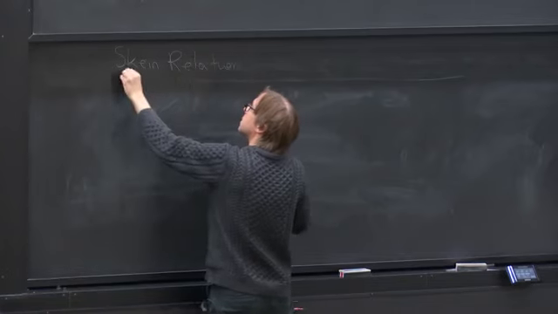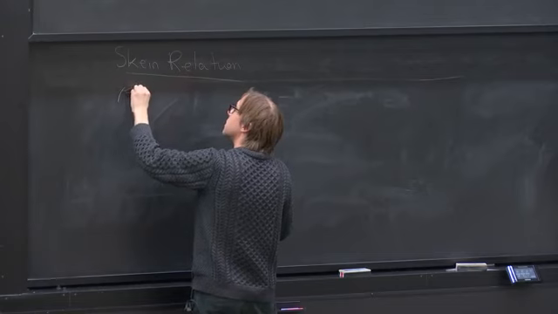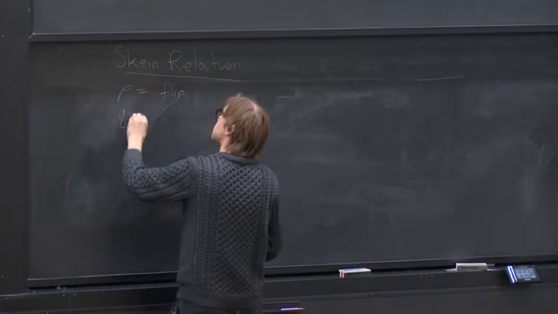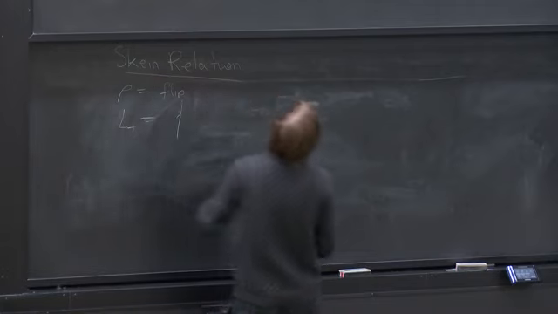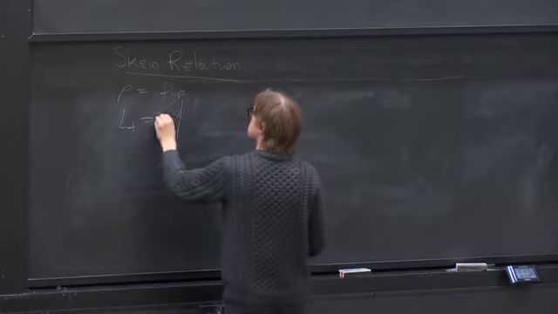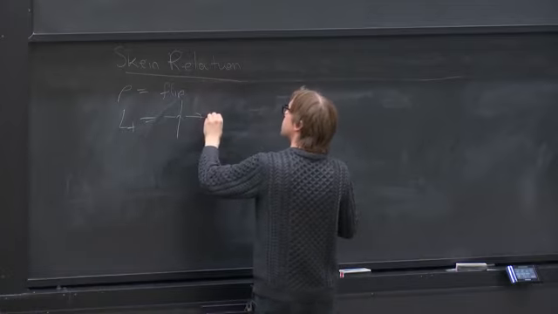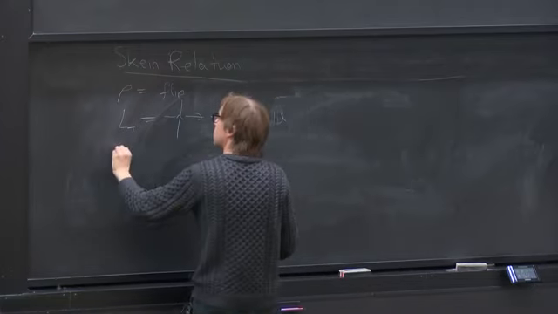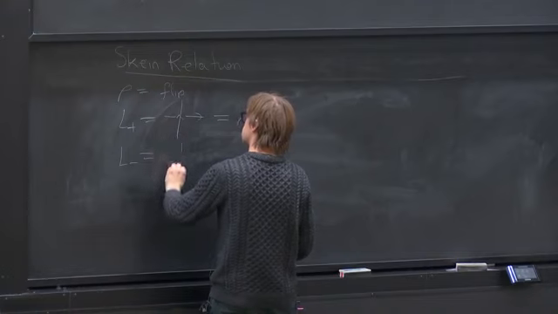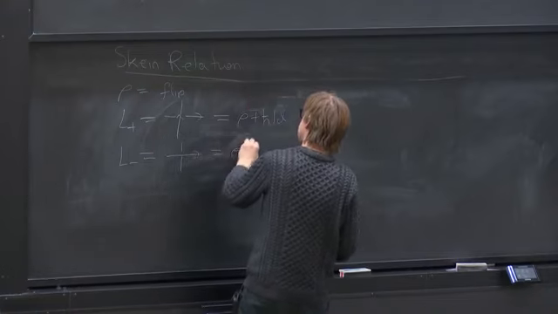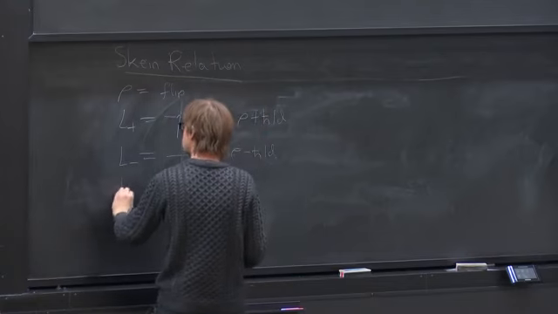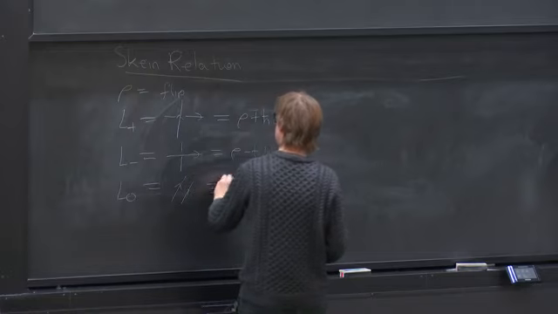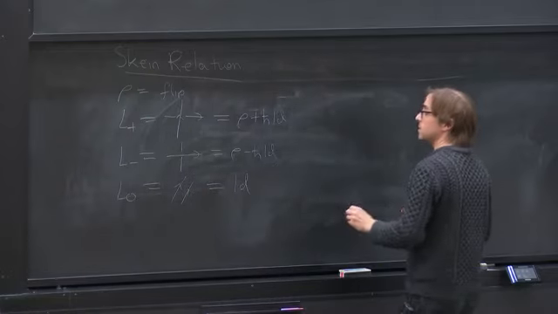So if rho is equal to the flip, what we find is L plus gives me rho plus H bar times the identity, L minus gives me rho minus H bar times the identity, and L0, which is the parallel lines, gives me the identity, all this modulo H bar squared.